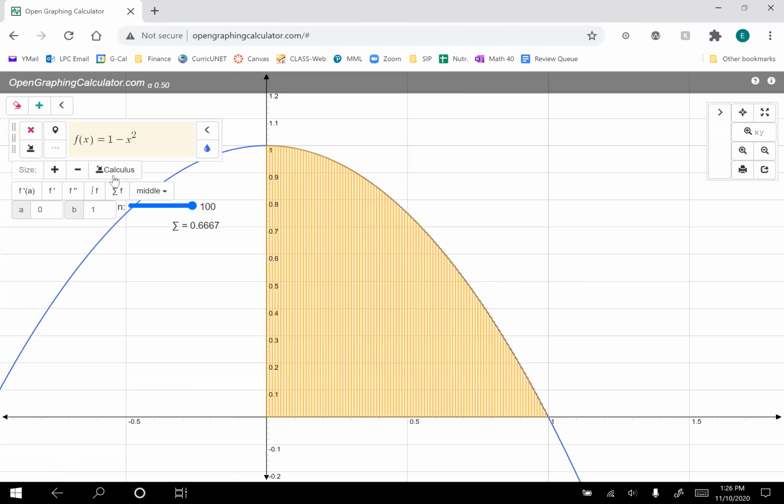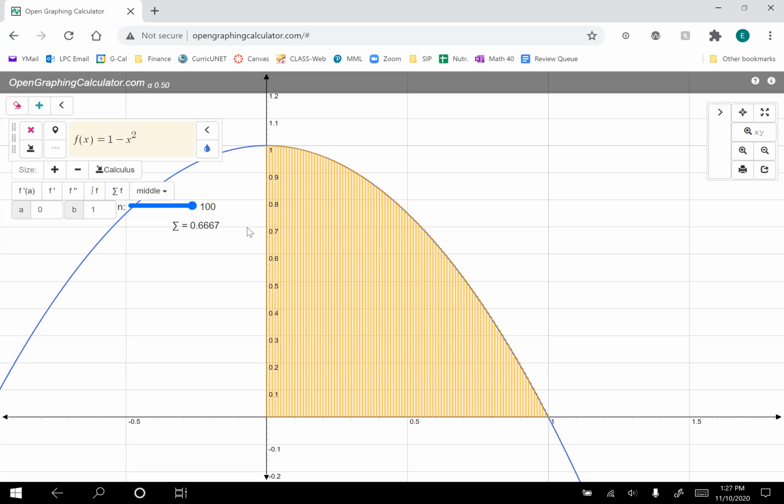Even if you switch this to right endpoints, even if you switched it to left endpoints, it still fits pretty closely. Midpoints, I think, is the prettiest. And we get an area of about 0.6667.